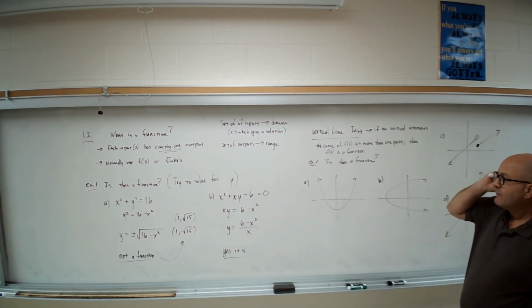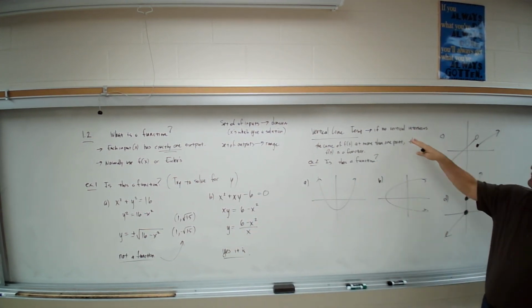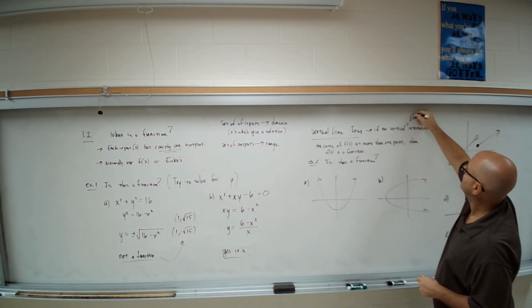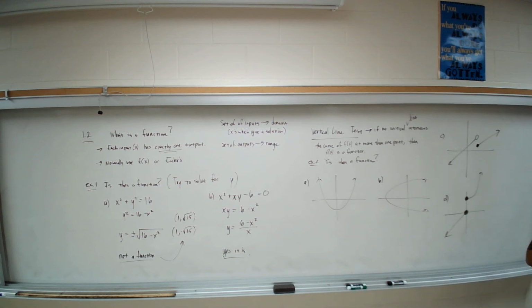Okay, so we have our vertical line test. We just said if no vertical line, well, I guess I should have put line in there, huh? Intersects the curve of f of x at more than one point, then f of x is a function.